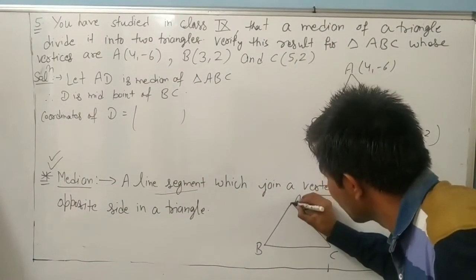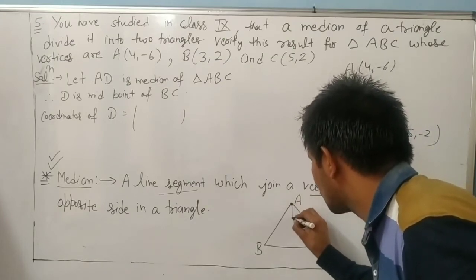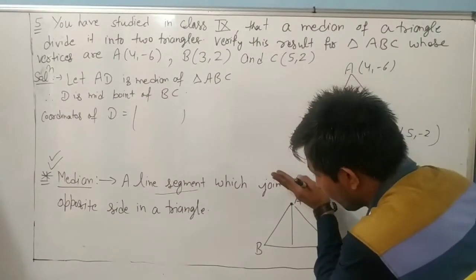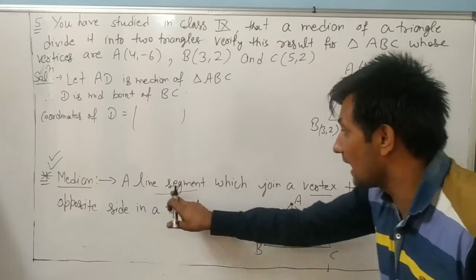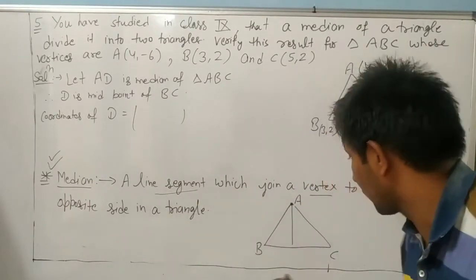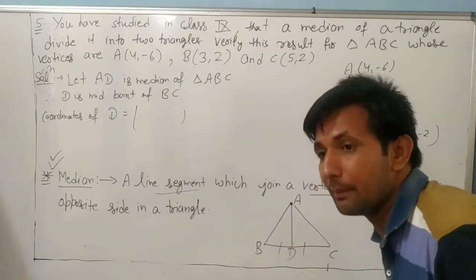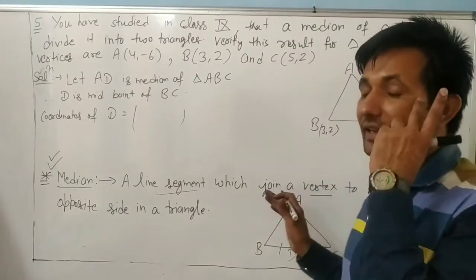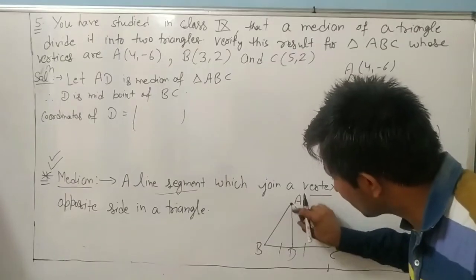If we take this vertex, what is the opposite side? BC, right? So a line segment which joins a vertex to the midpoint of BC, where D is the midpoint, is a median.